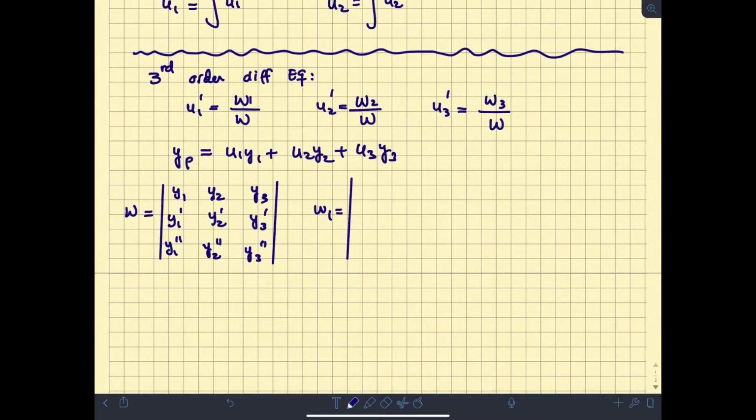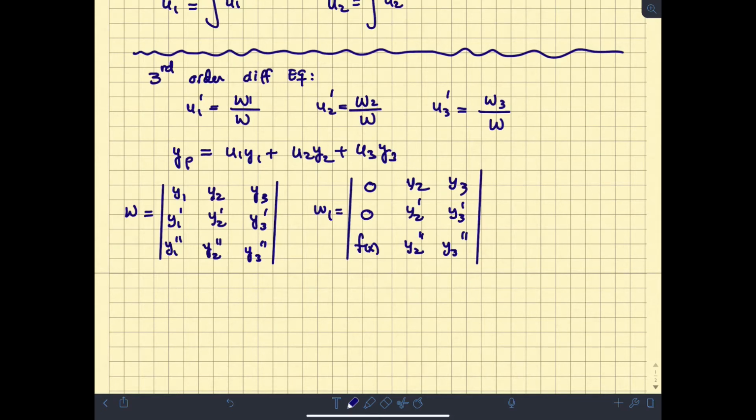The first one takes all zeros except the last one that takes an F. So since it's a 3x3, the first two entries will be 0, the third one will be an F. And for the other two columns, you'll just keep the ones you had on the W. So it'll be y2, y3, y2 prime, y3 prime, y2 double prime, y3 double prime, and this will be your W1.